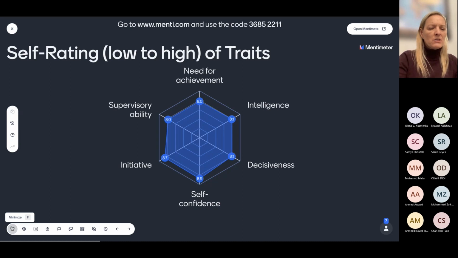But I think it's also important to remember that what is being reported on these ratings is our own perception of ourselves. I might think I'm highly intelligent and that I have supervisory abilities, but it may turn out that I'm not as intelligent or capable of supervising as I believe I am.